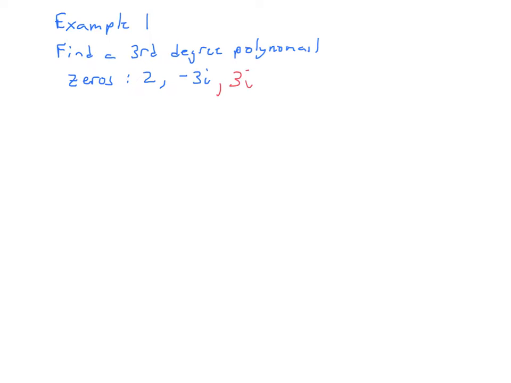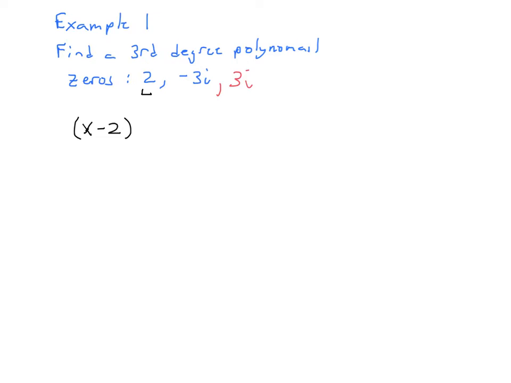Well, to do this, what we have to do is write it out in its factored form. One of the things I will also remember is that if a number is a 0, then x minus that number is a factor. So since 2 is a 0, I know that x minus 2 is a factor of that polynomial.